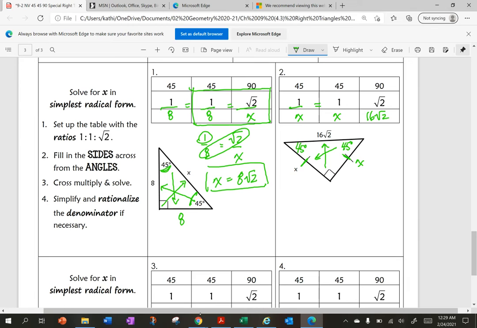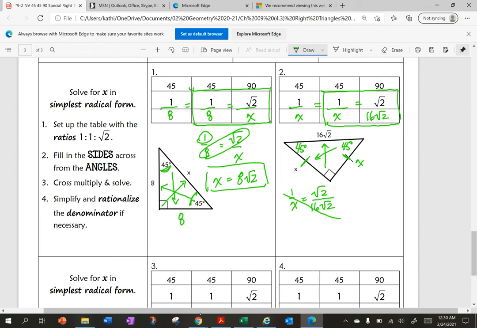So here I have 3 equivalent fractions. I'm going to choose 2, one that includes the variable, and solve. So I have 1 over x equals the square root of 2 divided by 16 times the square root of 2.